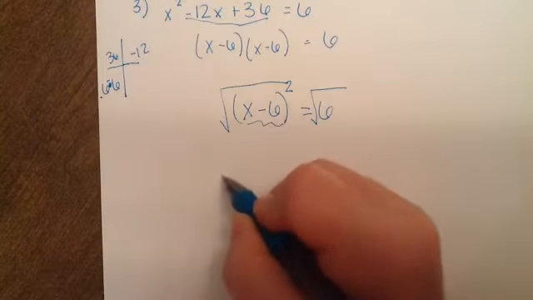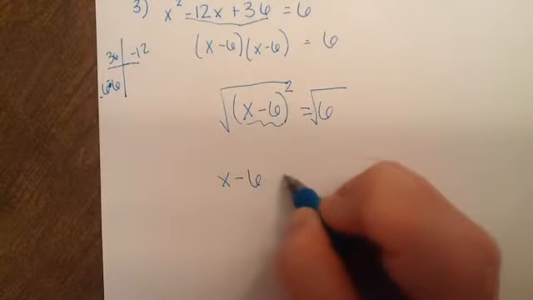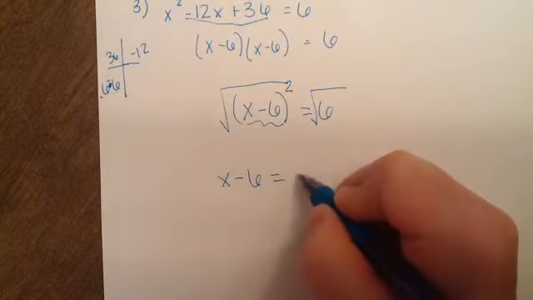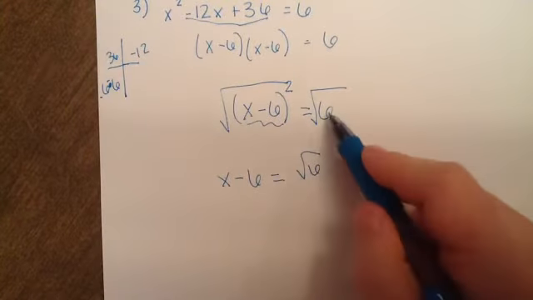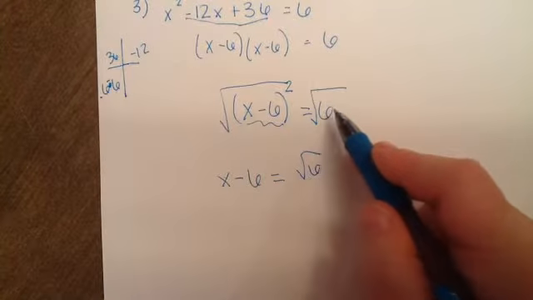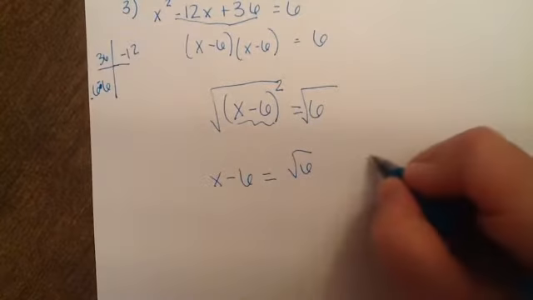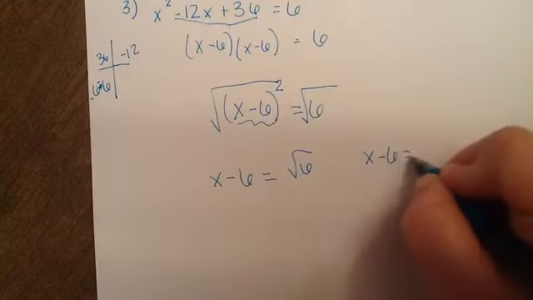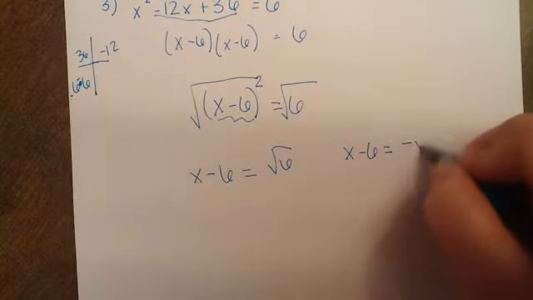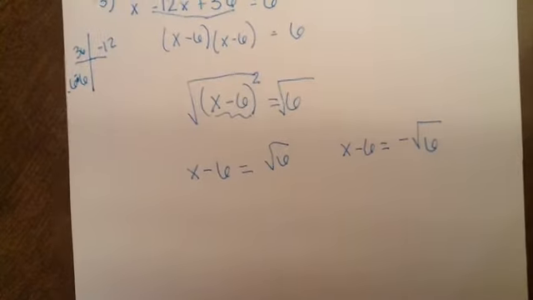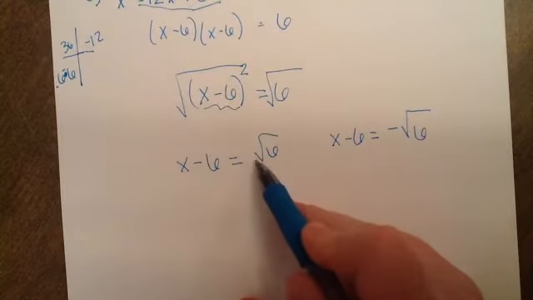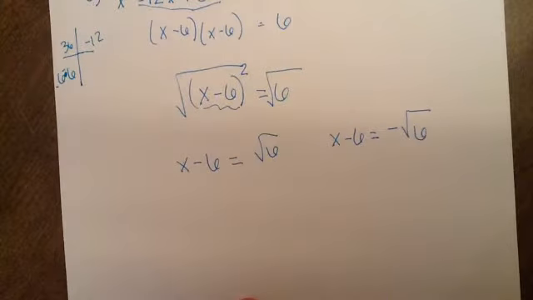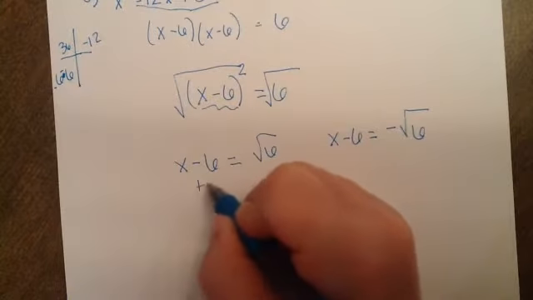That leaves us what's inside. X minus 6 equals positive root 6. Or that can also be x minus 6 equals negative root 6. Because square root can be positive or it can be negative. Go ahead and solve.